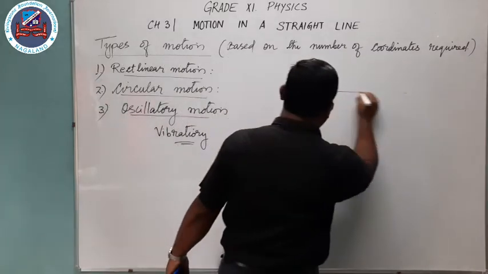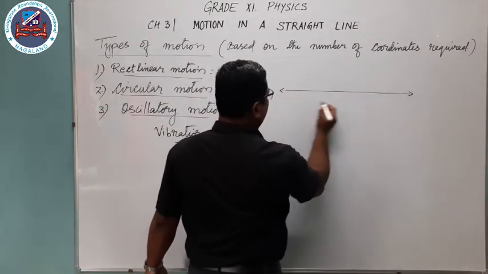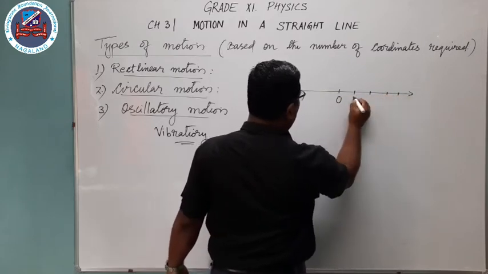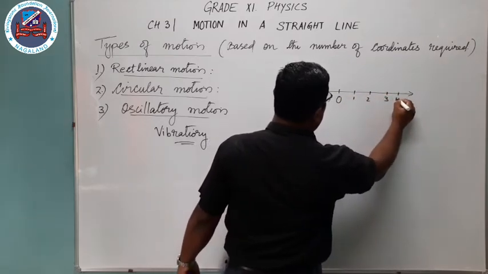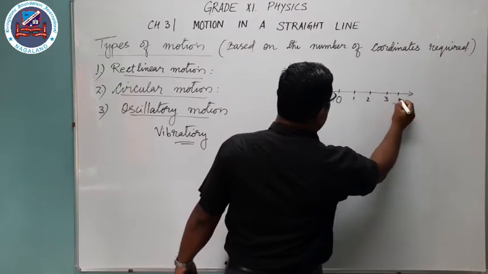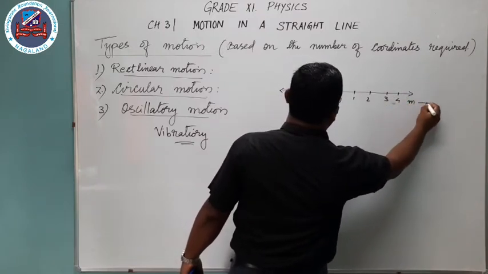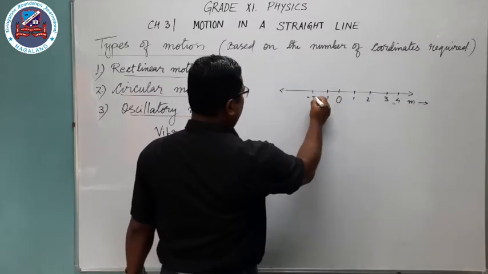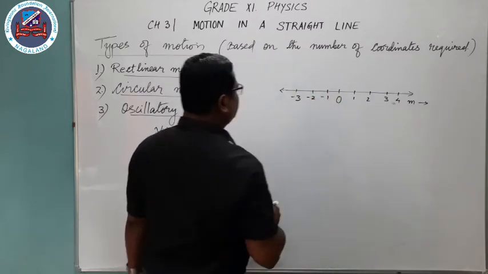A number line, you know, all of you. The first one, suppose this is the origin 0, 1, 2, 3, 4. It may be in kilometer, centimeter, or meter, let us say meter. This side, you know, it is -1, -2, -3 and so on.